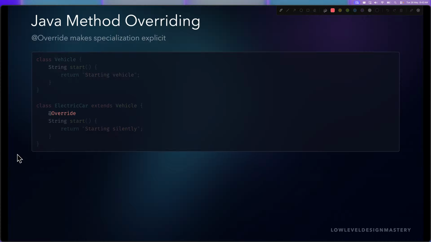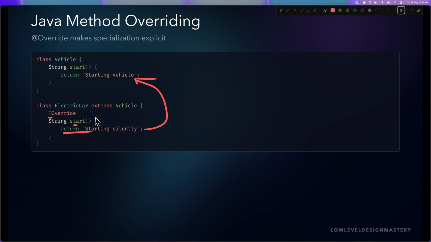By annotating with @Override, we are saying that the definition you wrote in start should override the previous behavior defined in the parent class. So the concept is exactly the same as Python, but Java makes it simpler and easier to read because you are specifying it as an override here. So that's all when it comes to Java.